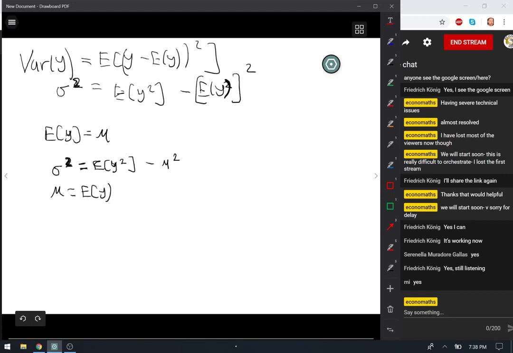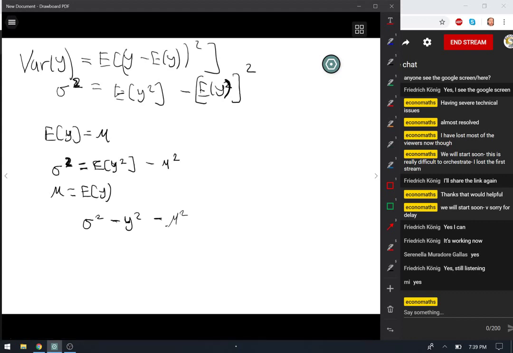We can rewrite this as a moment condition: a vector with sigma squared minus (y squared minus mu squared), and mu minus y.